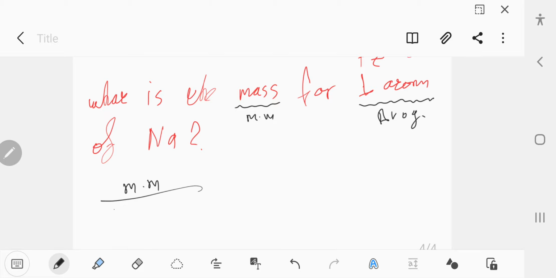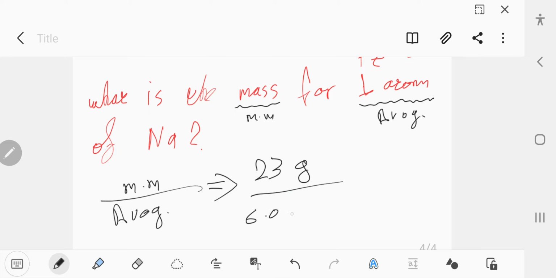Over Avogadro's number. So the molar mass for Na is 23 gram over 6.022 times 10 to the power 23. Remember that the molar mass is the mass for 1 mole, which is Avogadro's number of atoms.